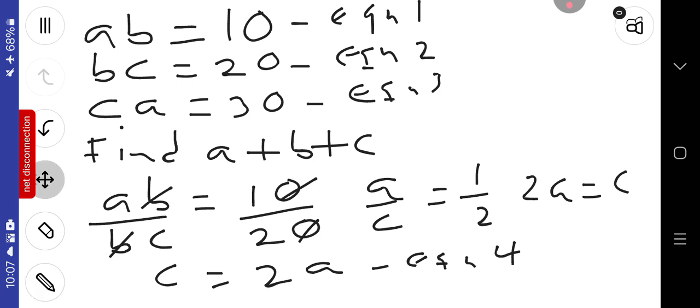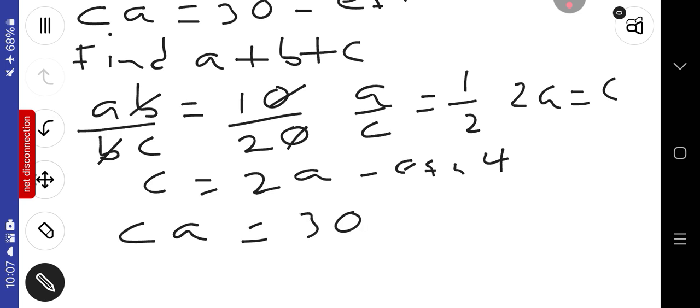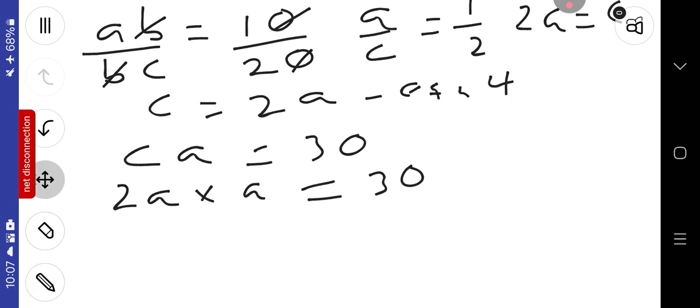From equation 3, we know that CA is equal to 30. So when we see C, we put 2A. So you're going to have 2A times A is equal to 30. This is what we have.